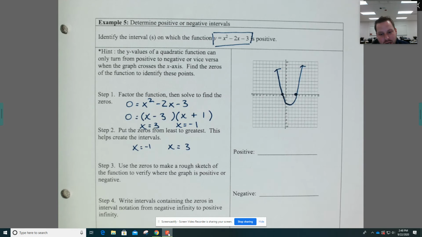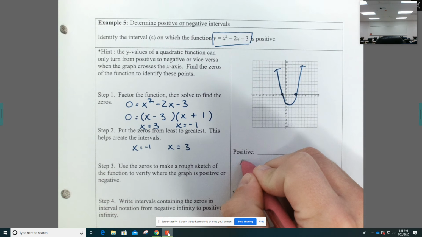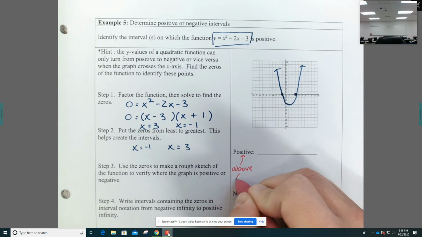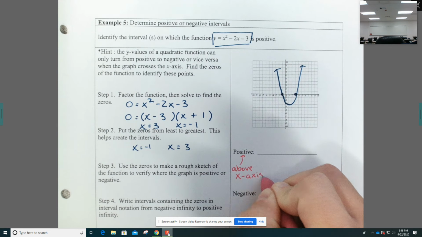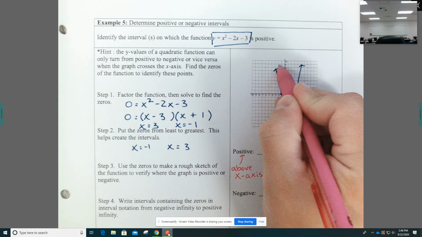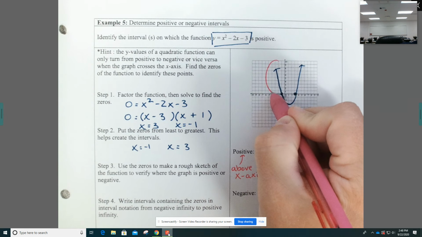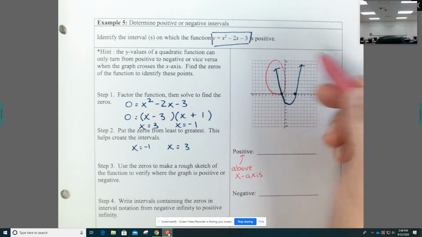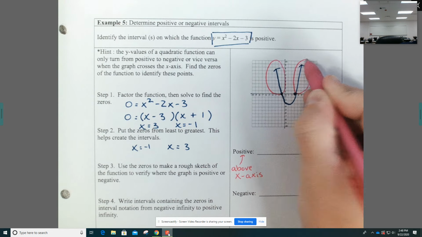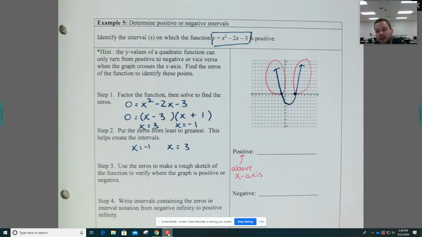So our question now is, when is this graph positive? When they ask you when is it positive, we want to know when we are above the x-axis. So looking at this graph, I am above the x-axis for this section over here and this section over here. Okay, so we need to list out the intervals.